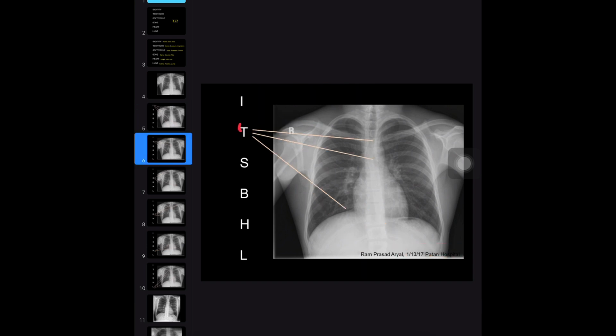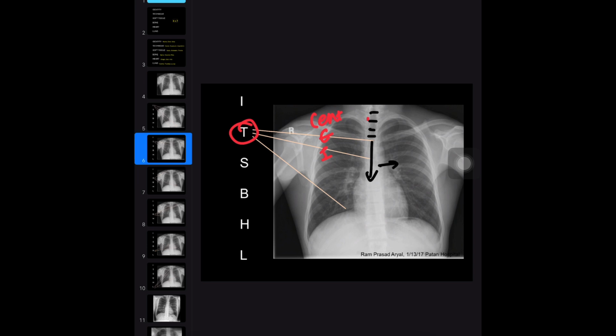For the technique, the three things are center, exposure, and the inspiration. For the center, we check that the trachea is in the center. For the exposure, you can notice the interspinous process here, but as it goes below, the interspinous space must not be seen.